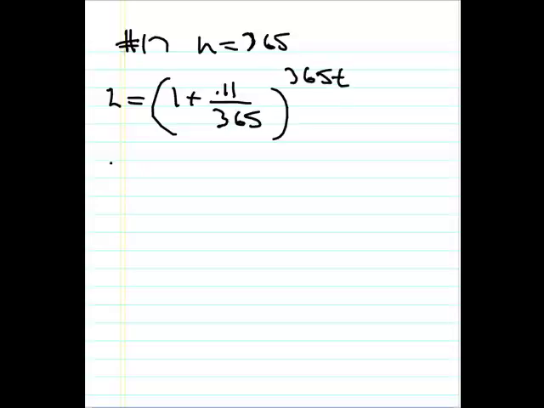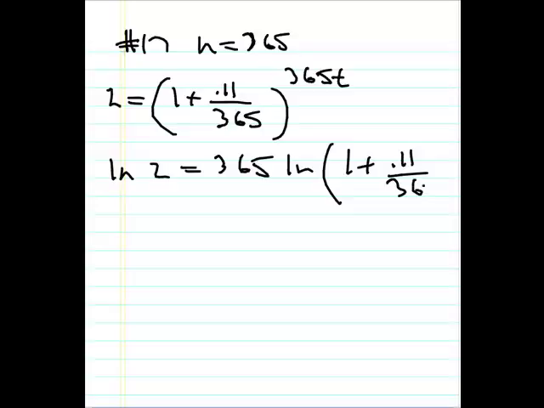We want to solve that equation for t. Take the log of both sides. So 365 times the natural log of 1 plus 0.11 over 365 times t. We're going to divide both sides by that number.